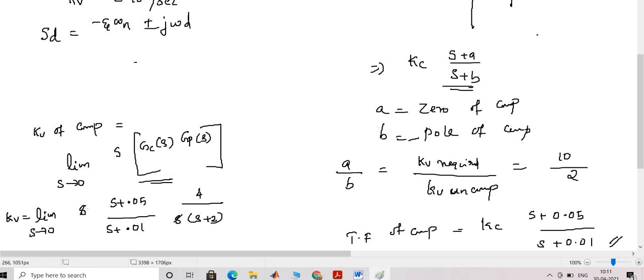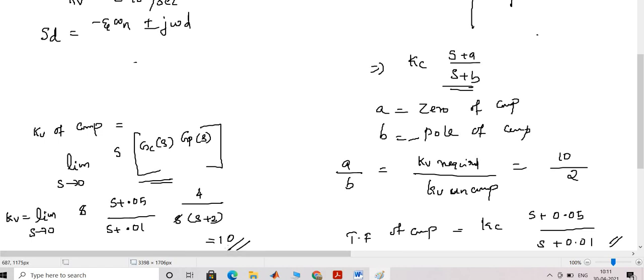Now if we apply this in the equation, we can see it is equal to 10. The Kv of compensated system is equal to 10 now.